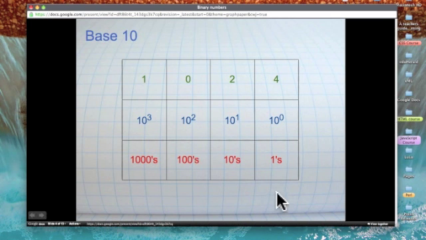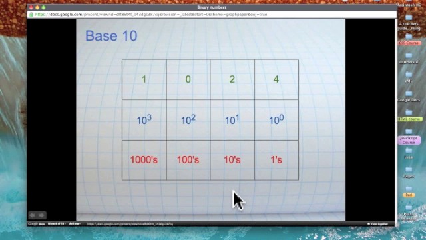So if we go to the rightmost column, we have the digit 4. Now, that position is equal to the number base 10 raised to the 0th power. Any number raised to the 0th power is 1. So I have 4 ones. The next position is 2 of something.